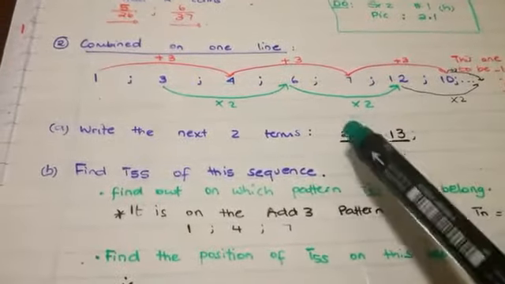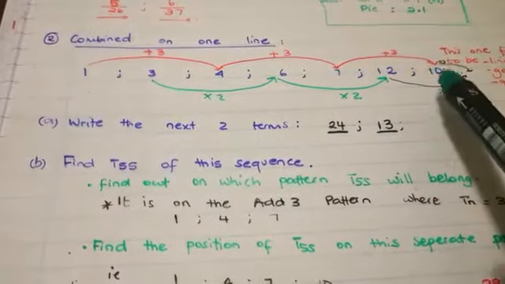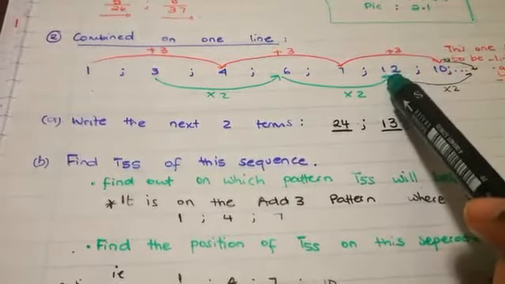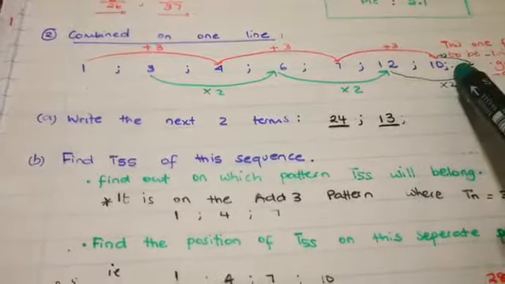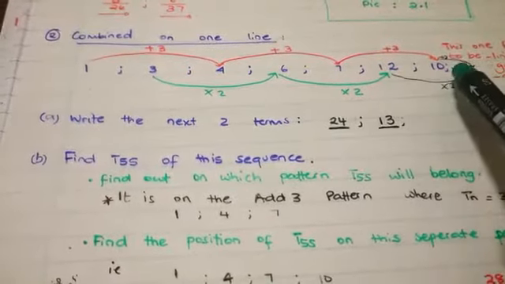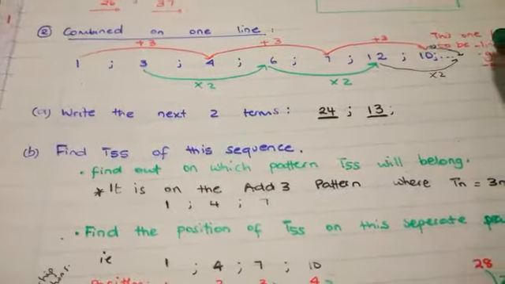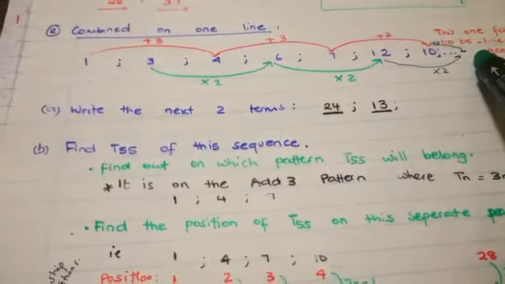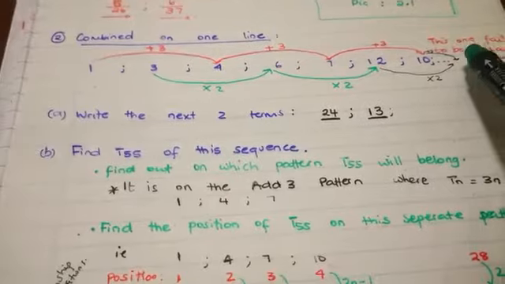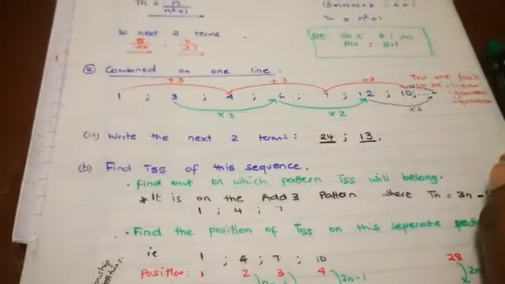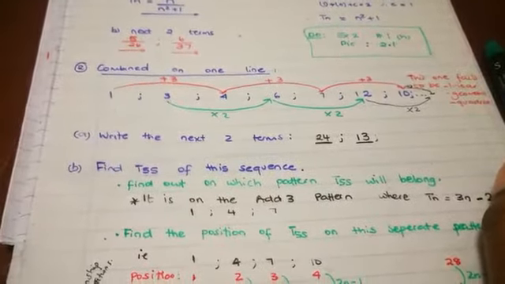So the next two terms, like we said, the one that will follow is 12 times 2, which is 24, followed by 10 plus 3, which is 13. Yes, so the terms will be like that.